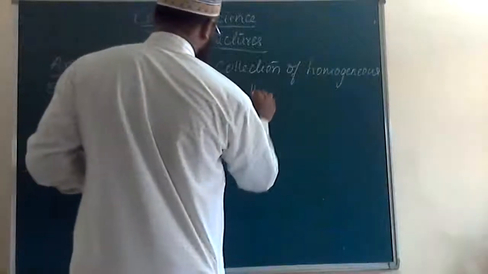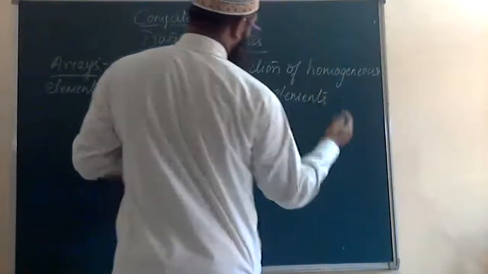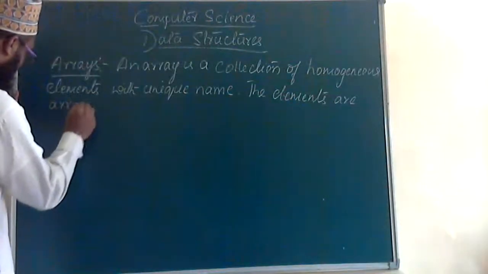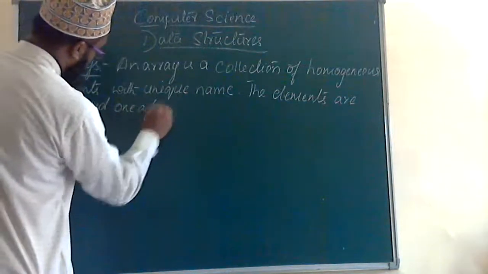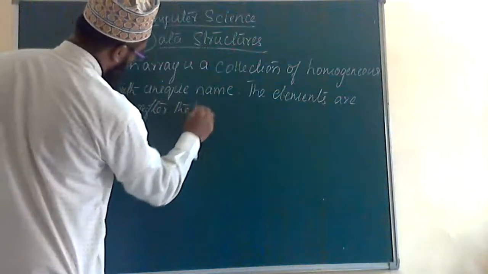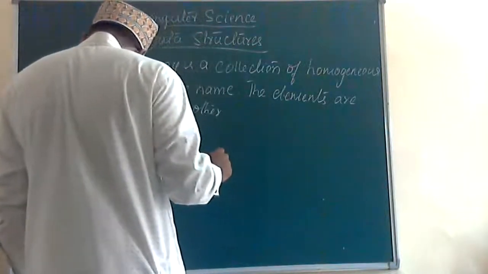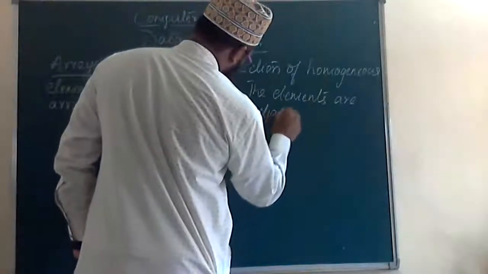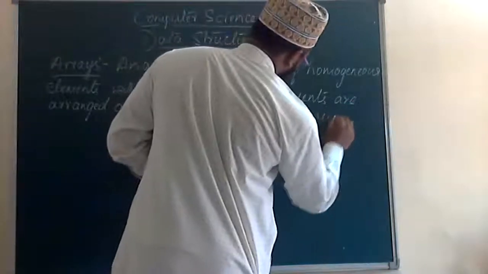The elements of an array are arranged one after the other in adjacent memory locations.